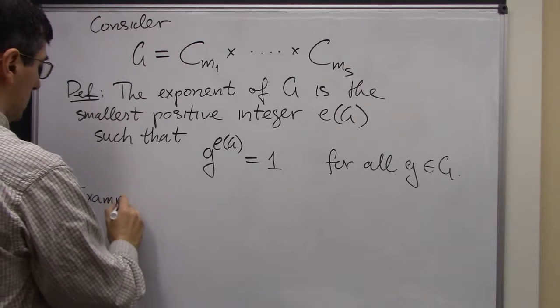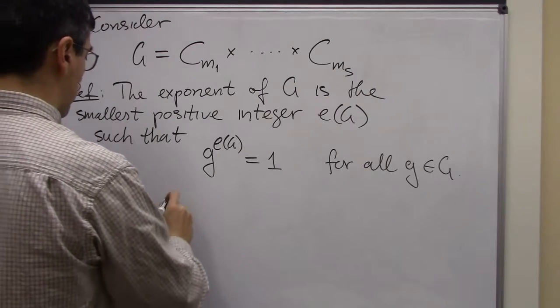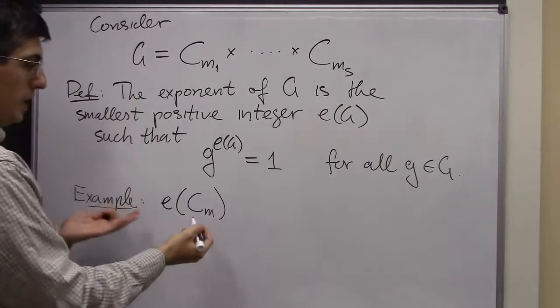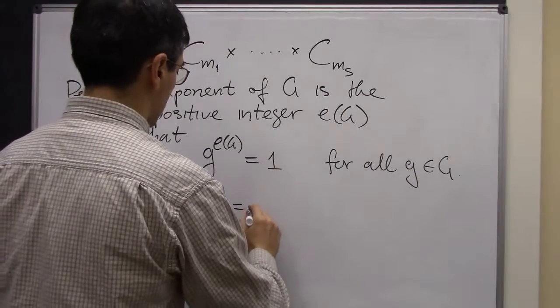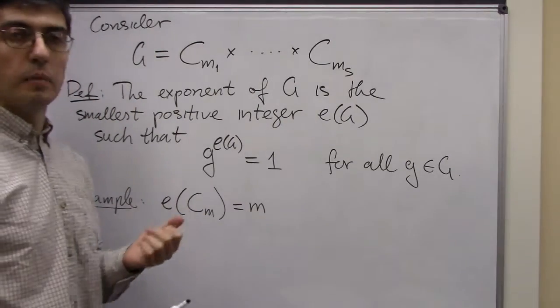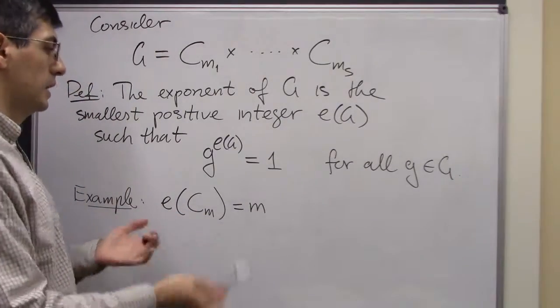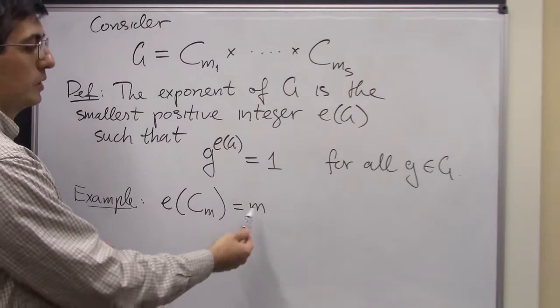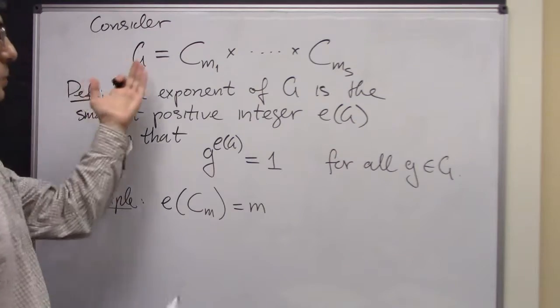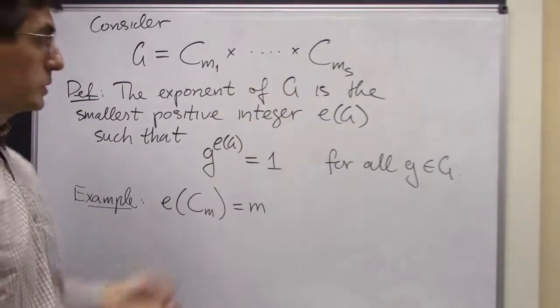Example: the exponent of a cyclic group of order m is just m, because the generator has order m, and then every element, of course, has order dividing m. So this is easy. But what about a product of cyclic groups?